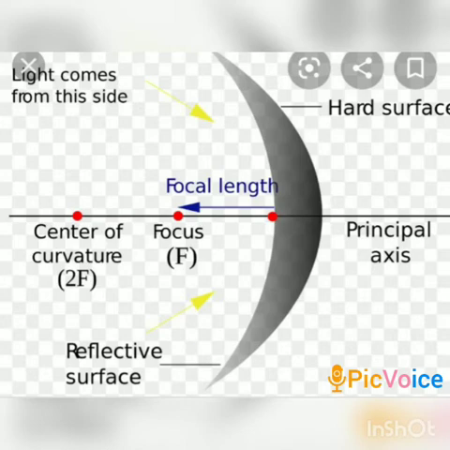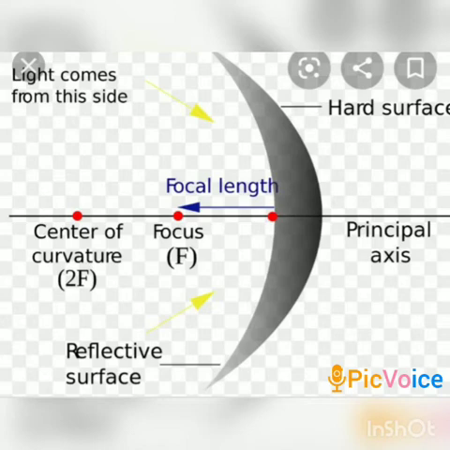The next one is the principal axis. The principal axis of a spherical mirror is the line joining the pole of the mirror and its center of curvature. Next is the normal.